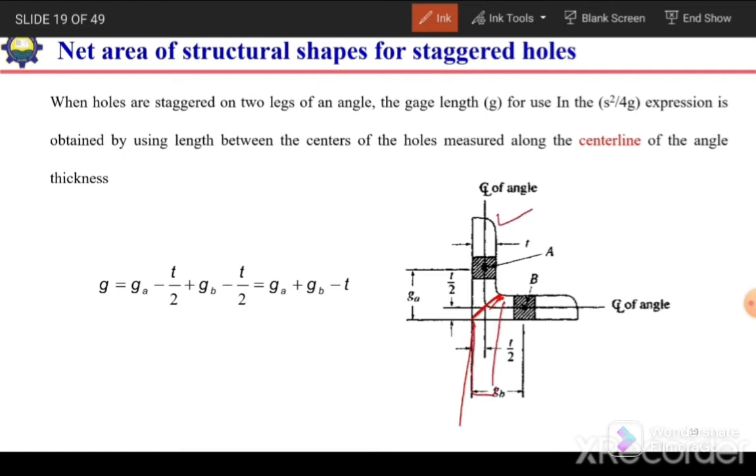This one leg will be rotated over here, and the distance between this bolt and the center here will be equal to GA plus GB minus T. So the distance from the center of this hole, after rotating in this direction, up to this center will be GA plus GB minus T. This will be more clear when we solve one example.